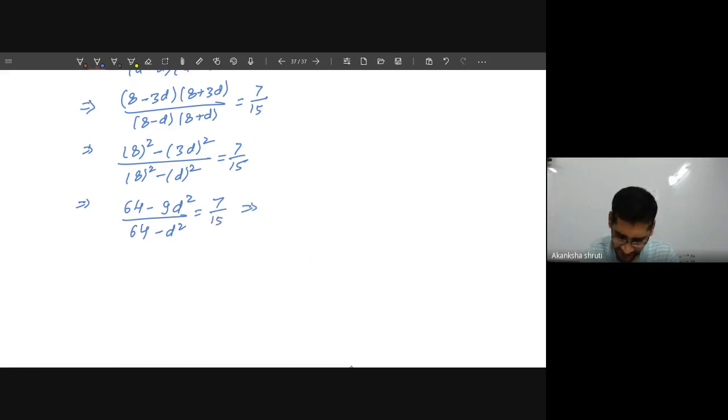Go for cross multiplication. 15 into 64 minus 9D square is equal to 7 into 64 minus D square. Getting it, student? It is so simple to calculate D. Now it is in one variable only and there is no AD term. So it is a simple one.